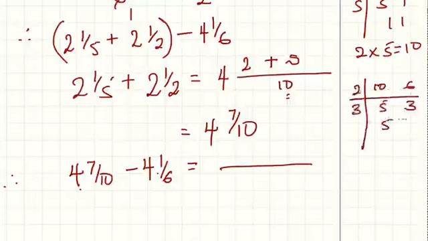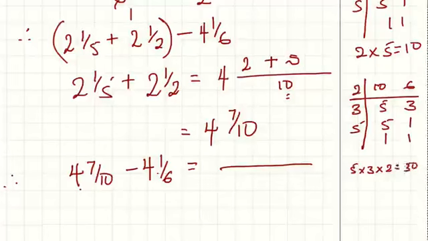So our LCM will be 5 times 3 times 2, which will give us 30. So the LCM of 10 and 6 is 30. 30 divided by 10 is 3, 3 times 7 is 21. 30 divided by 6 is 5, 5 times 1 is 5.